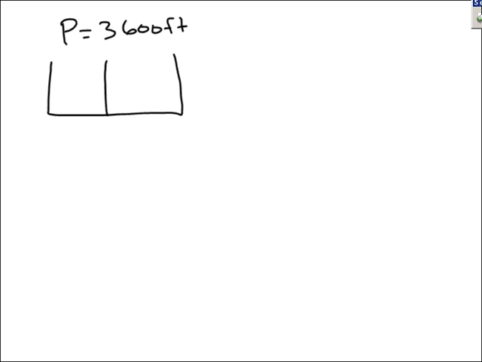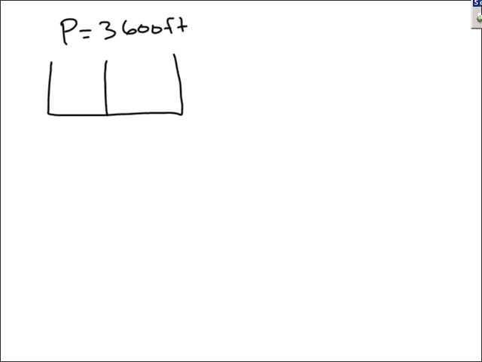Okay, so let us actually work out one of these. Maybe we'll do, okay, so you have perimeter is 3,600 feet. And you want to build something like this. You just want to build that.